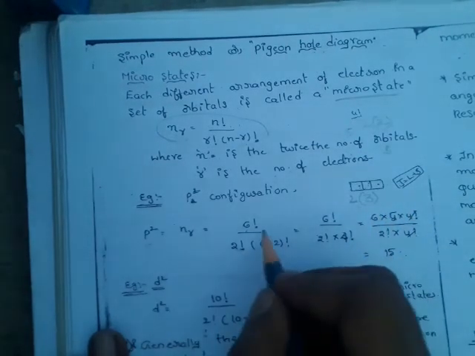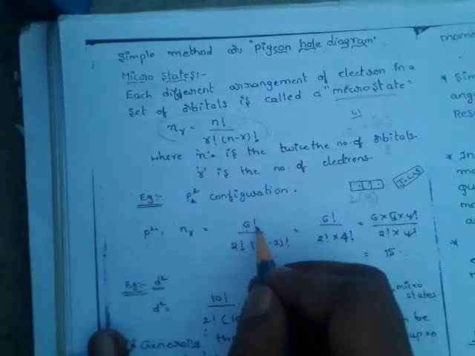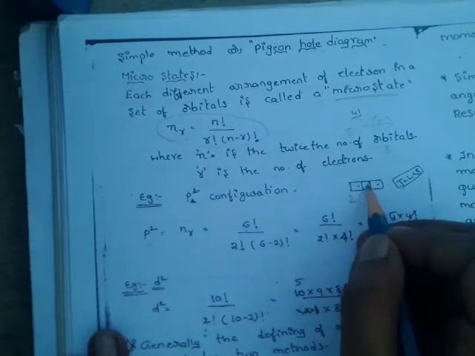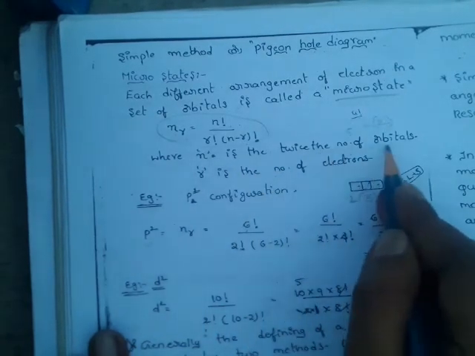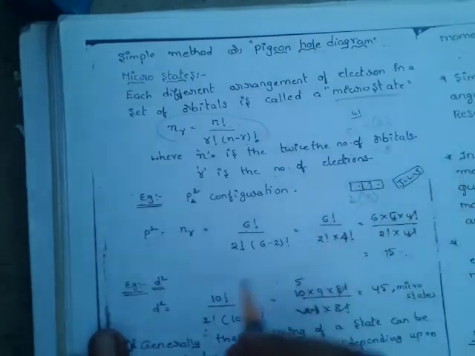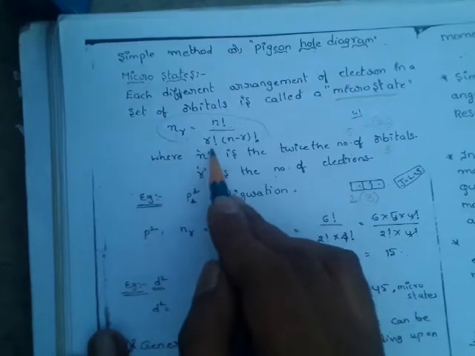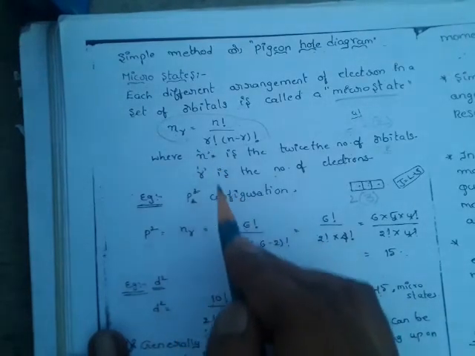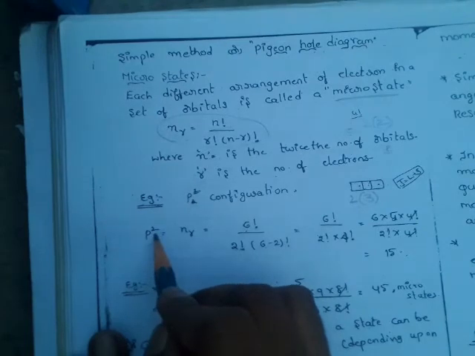Then what is the formula? n factorial, with n equal to 6, by r factorial. R means the number of electrons, which is 2.